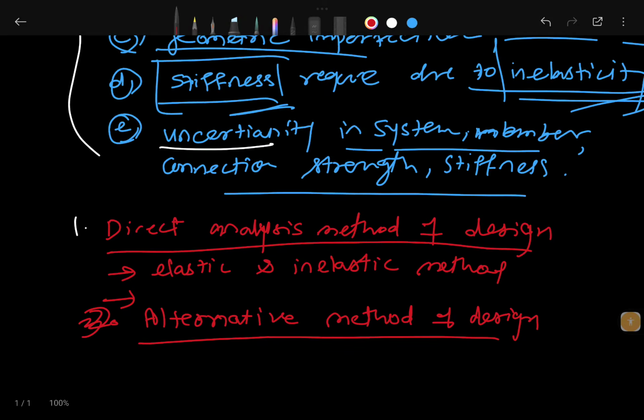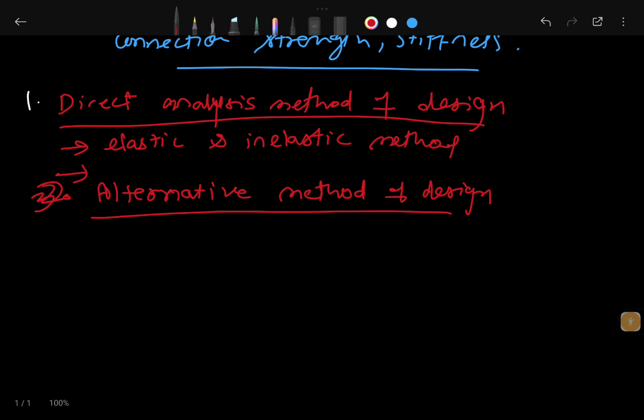In the alternative method of design, we use the effective length method and the first order analysis method.